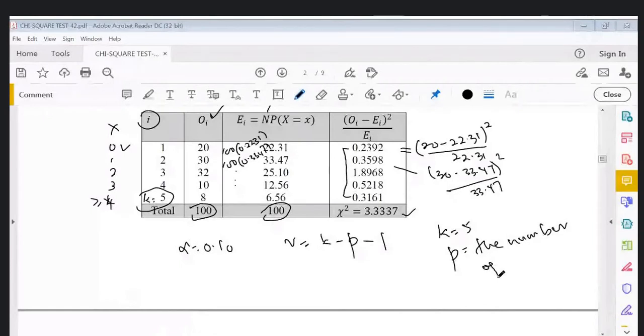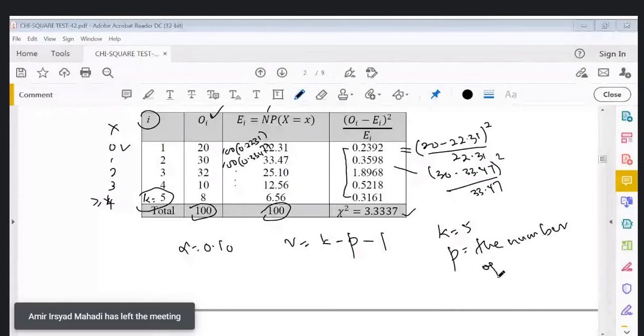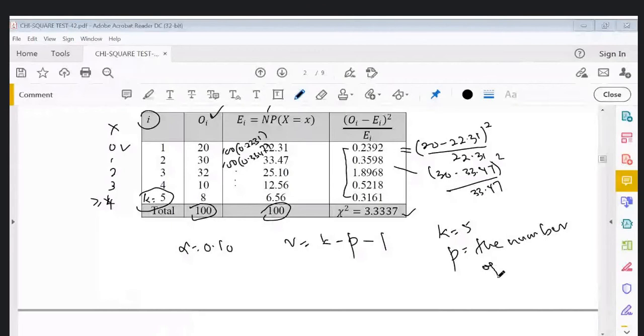The parameters are the unknown ones, but in this case the value of lambda is given. When lambda is given, it is known, so P is 0.